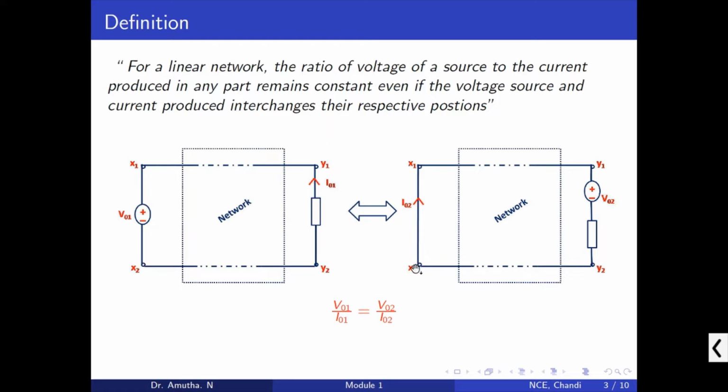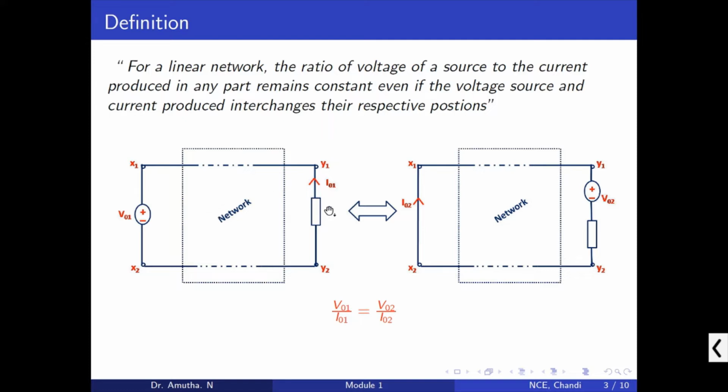So we have short circuited the voltage source and we apply some voltage at the end where we observed our current. So V02 is applied here. Kindly observe that this V01 does not equal V02.